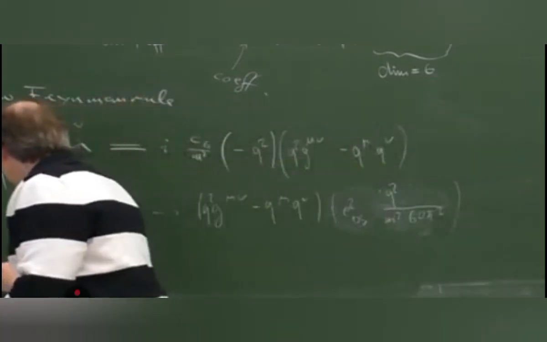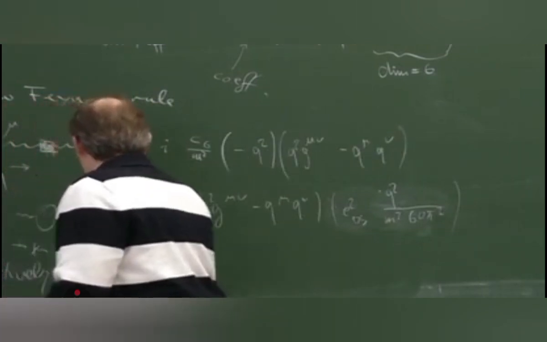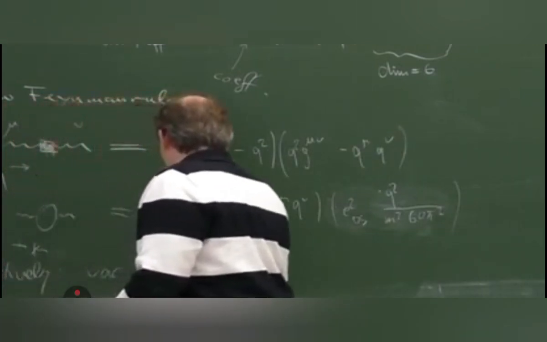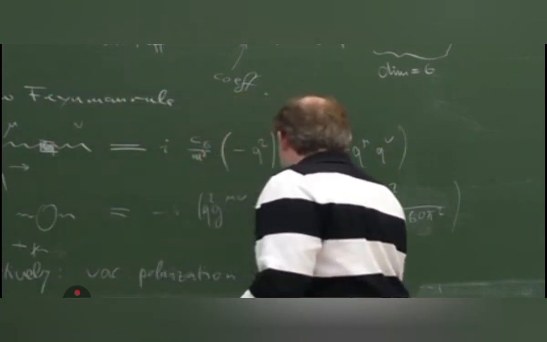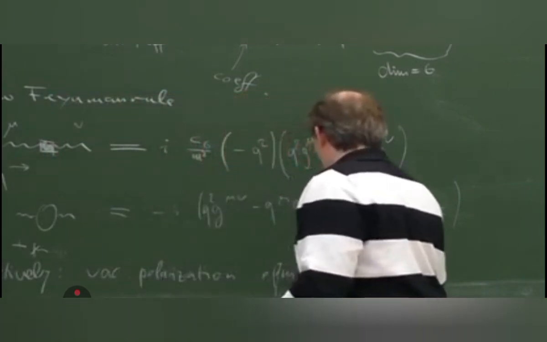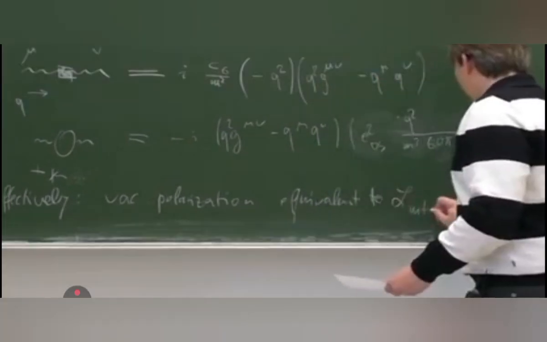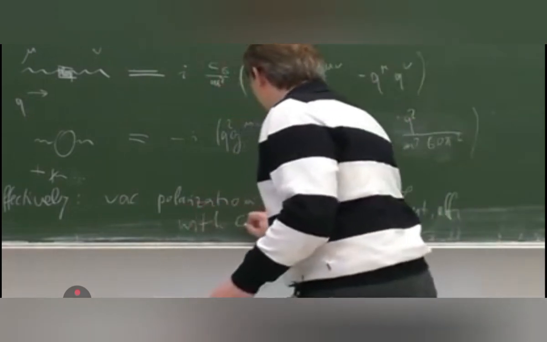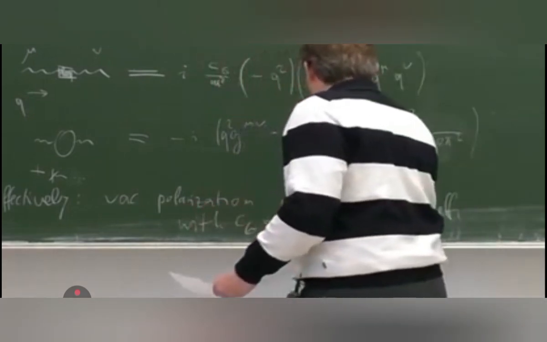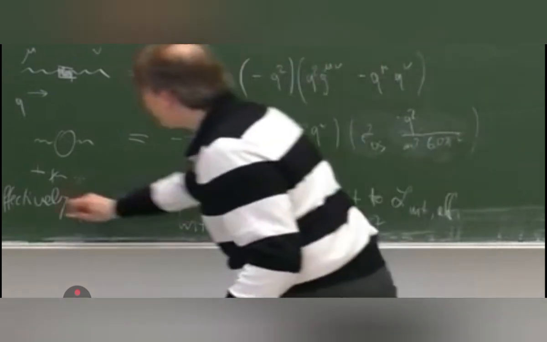So effectively, the vacuum polarization is equivalent to the above effective Lagrangian with the value C6 equal to e on shell square divided by 6T pi square.